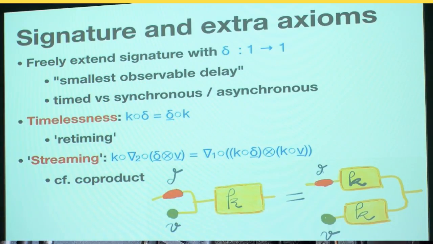And there's another axiom that is best if you look at it visually. So if I have any gate, any element of my signature, and at the input I have some values that arrive immediately, and this wire contains delays, I can split my gate into two copies.